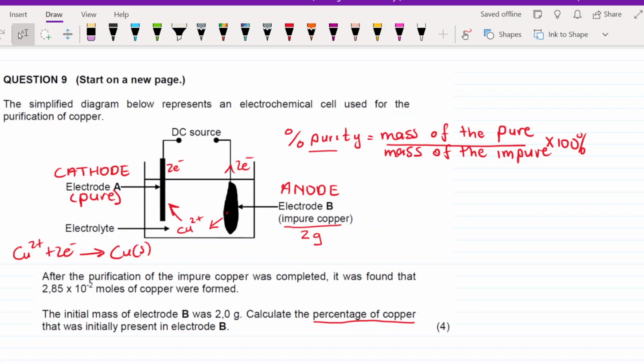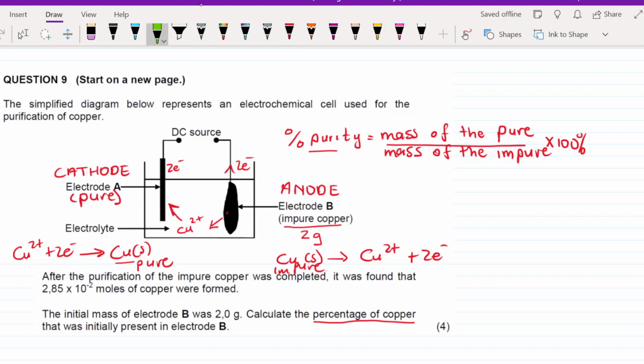On the anode, the copper donates the electrons and is oxidized to Cu2+. And those Cu2+ ions are reduced to become solid copper. This is the pure copper, this is the impure copper. So we want to find the percentage purity here.